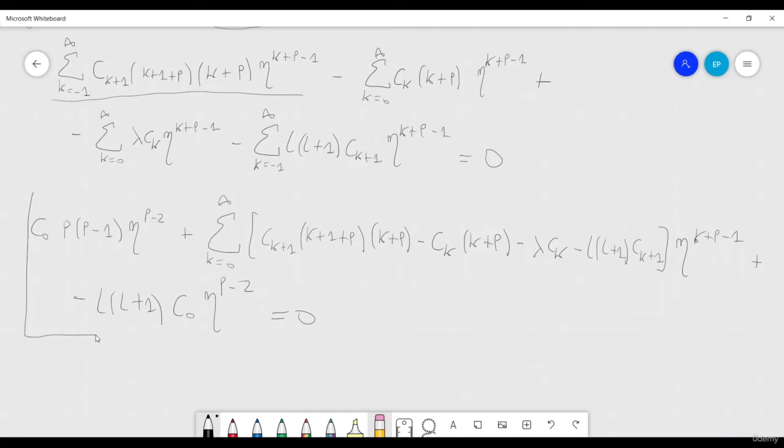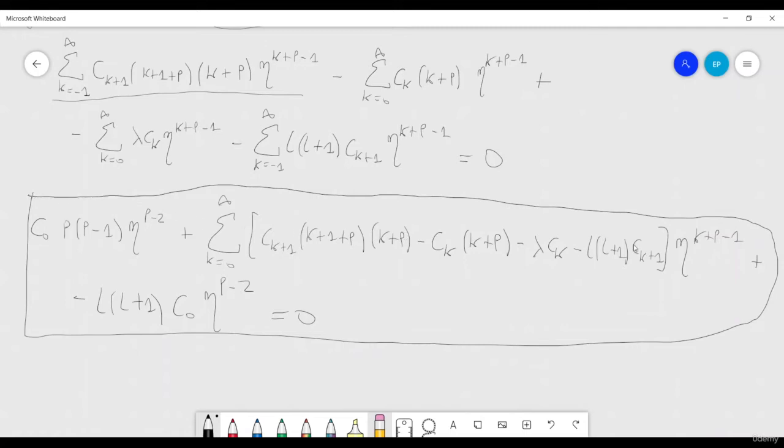So this is our equation, which is very important, because we see that there are some terms that multiply these powers of eta. So in this summation here, this eta will start from eta to the power p minus 1, and then we will have eta to the power p plus 0, and then I will have eta to the power p plus 1, and so on and so forth. Okay, and the first term, the first coefficient is actually this one, which multiplies eta to the power p minus 2.